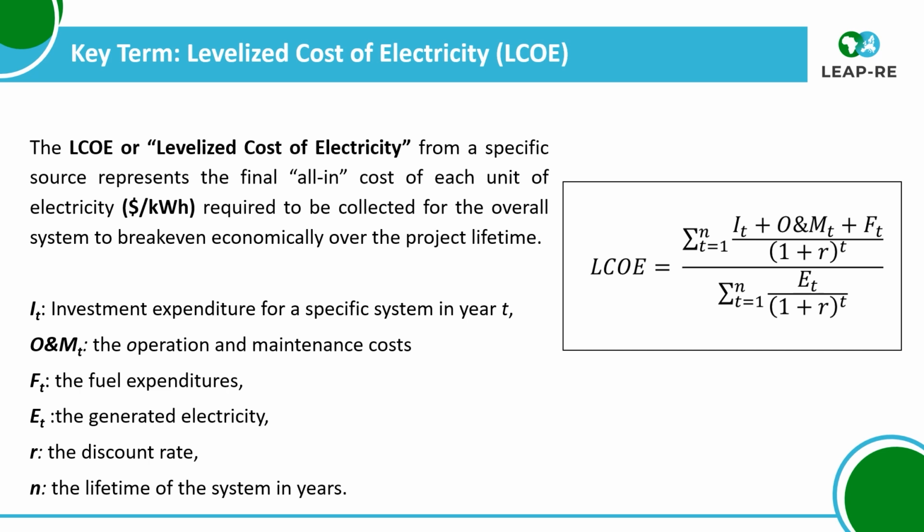So all of the total costs of the system over its entire life divided by all of the energy that it produces can give you a single currency per kilowatt hour number, which can be used to compare the different options against each other to try and figure out which of all of these options is the cheapest in each scenario. We won't get into all of the mathematical details here. However, you can come back and see this or find many more resources online to understand how this works.